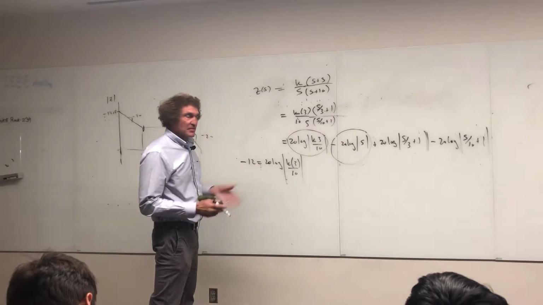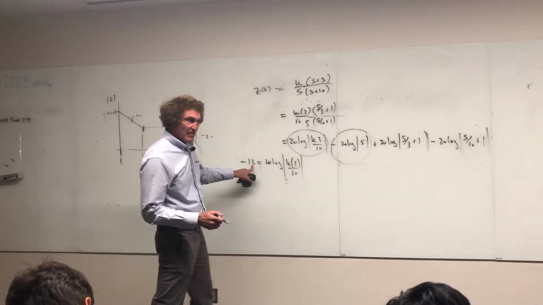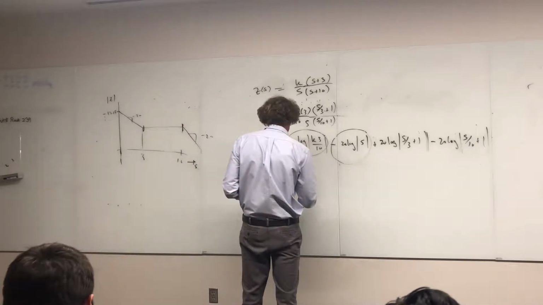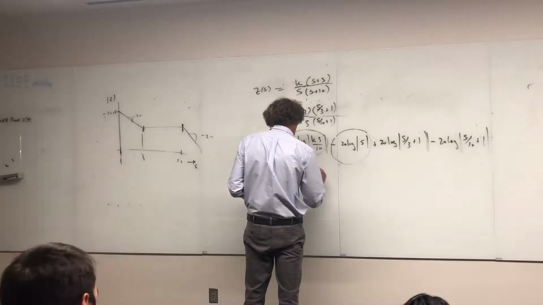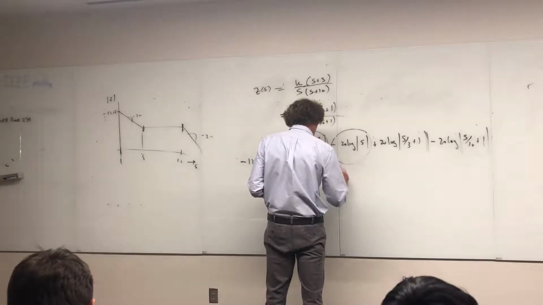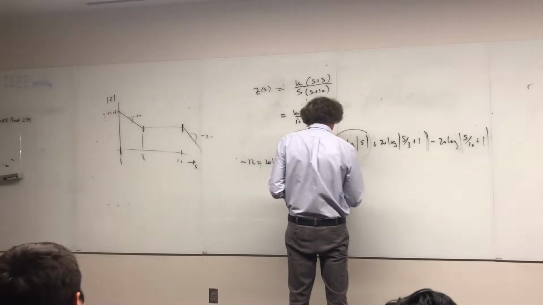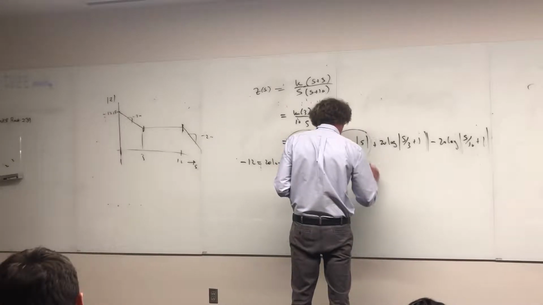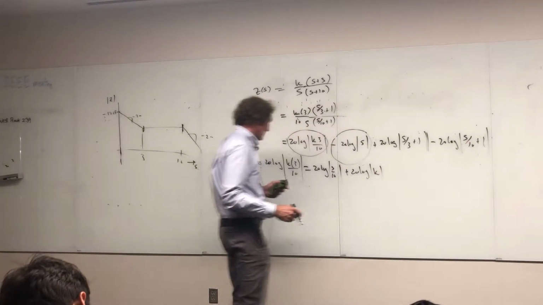Now, this part's even easier because I've got minus 12 there. And I expand this, and I say that's equal to 20 times the log of magnitude of 3/10, plus 20 times the log of K. I want K. That's the only thing I'm doing here.